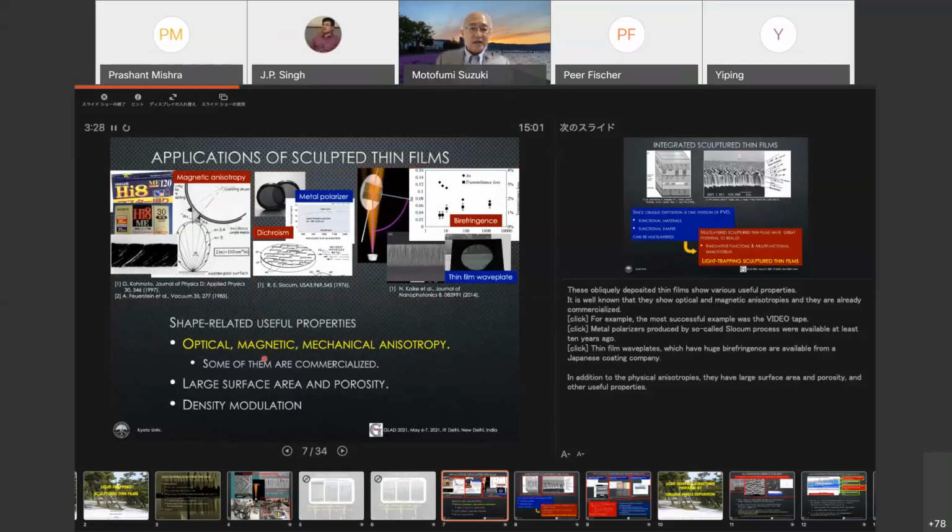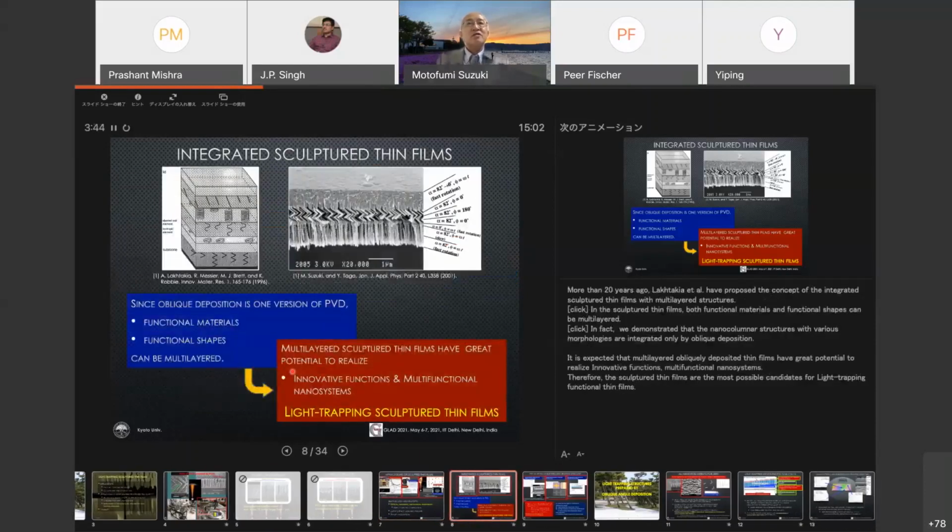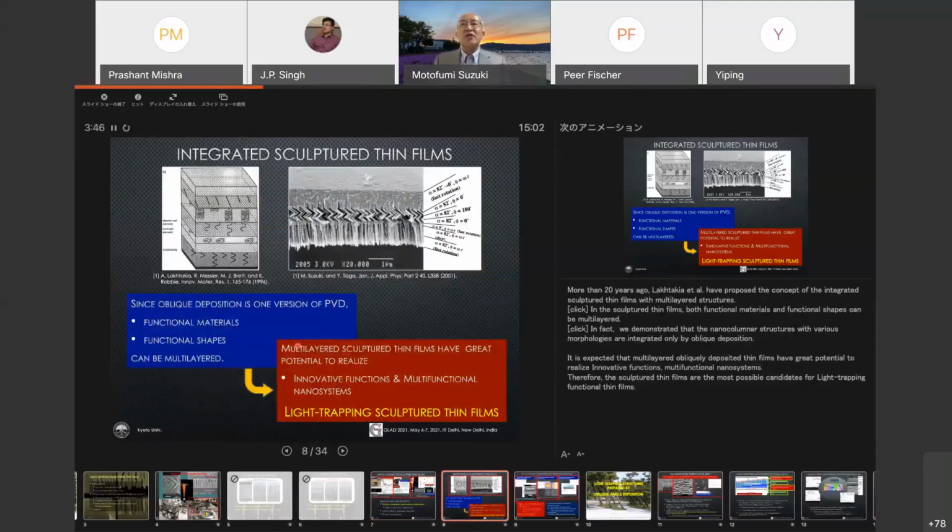And in addition to these physical anisotropies, the obliquely deposited thin films show a large surface area, huge porosity, and some other useful properties. More than 20 years ago, Lakhtakia et al. proposed the concept of integrated sculptured thin films with multi-layered structures. In the integrated sculptured thin films, both the functional materials and the functional shapes can be multi-layered.